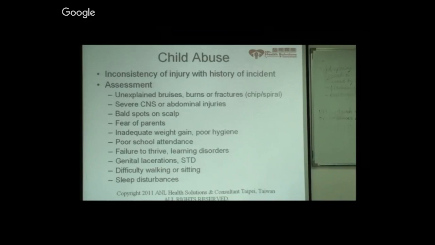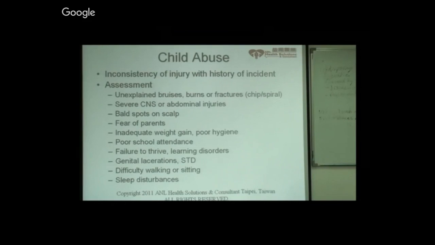Due to hair pulling. The parents will pull the hair of the child, so you will see bald spots on the scalp. Hair pulling or trauma, when the mother pulls the child like that.